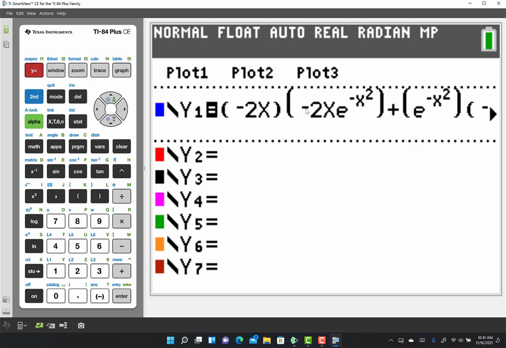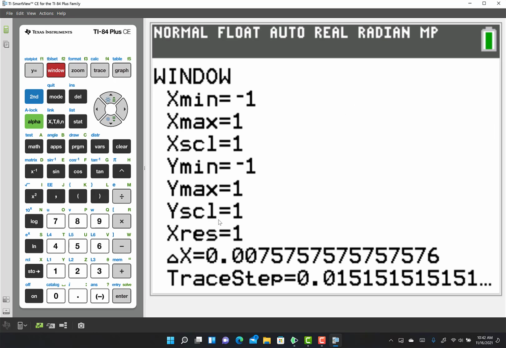Maybe you're using a minus. I'll go over there right now, miss. Don't mess with the resolution. Don't mess with the delta x.